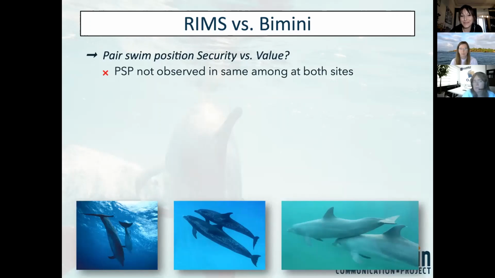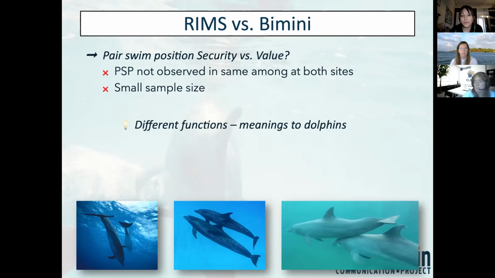It doesn't mean that the two populations are different. It's just maybe we didn't have the opportunity to look at the two types of pair swimming at both sites. And as we also had a very small sample size, this leads us to two main questions.